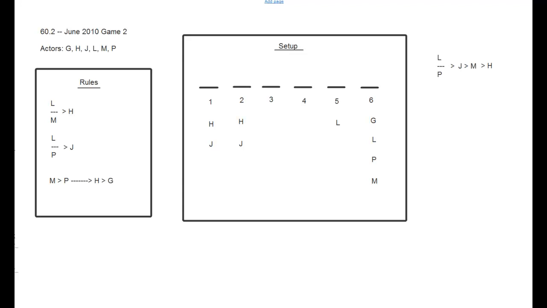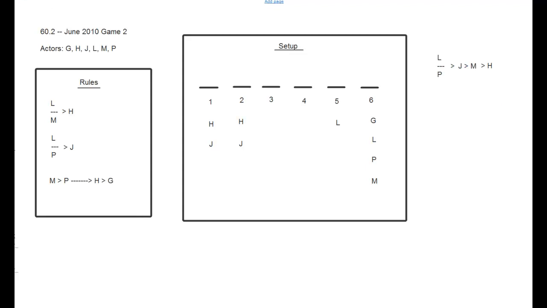So what does that mean? Well, it means that the G would have to come before somebody, at least. And in this case, the person who we know it would have to come before is going to be H, because right now H is coming after everybody else. So the G at least would have to come before the H in order to avoid being last.